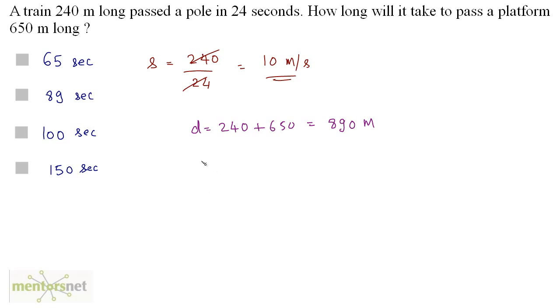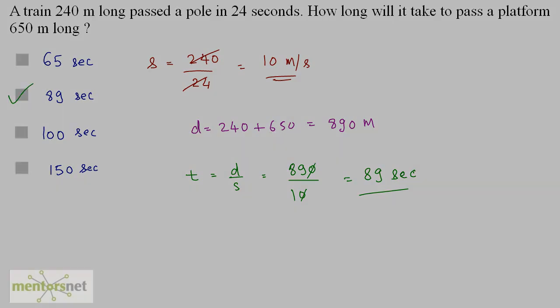Now we have to calculate the time. Time is equal to distance upon speed. So distance is 890 divided by speed, 10. So we have 89 seconds as the time this train takes to cross the platform. Option B is the correct answer.